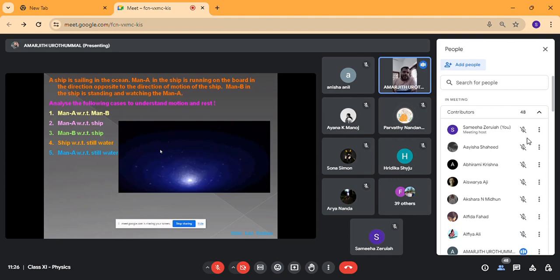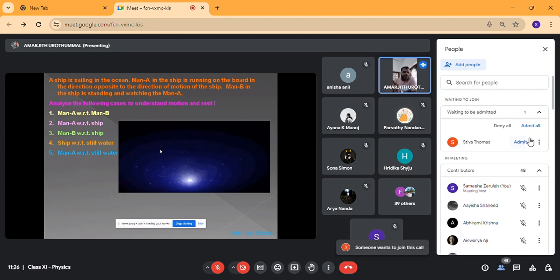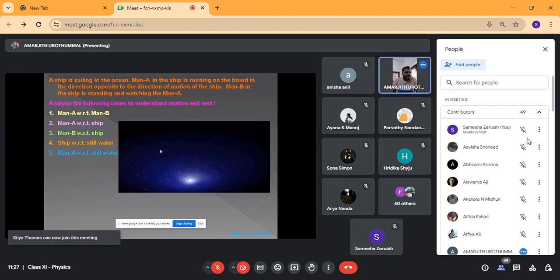Now imagine that the ship is moving towards left, and the man is running towards right, because it is written in the question that the man is running on the board in the direction opposite to the direction of motion of the ship. And imagine that both are having the same speed.